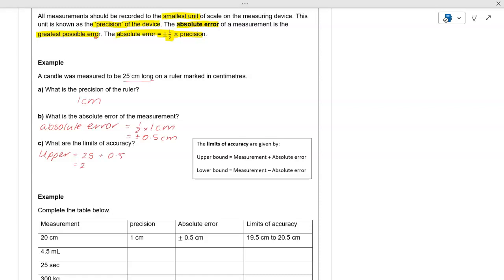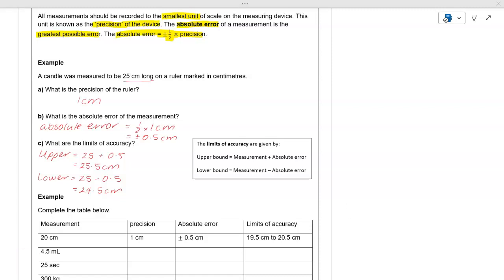That gives us 25.5 centimetres. And our lower limit or lower bound is our measurement minus that absolute error, which gives us 24.5 centimetres. So you can see you've got a centimetre of variation there, because that is what the precision is.